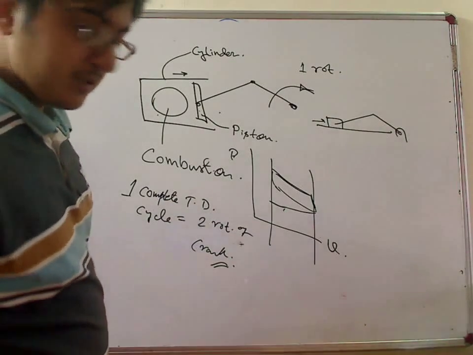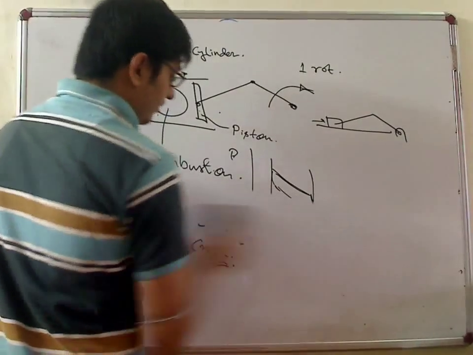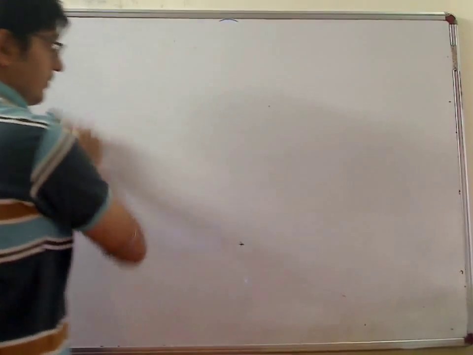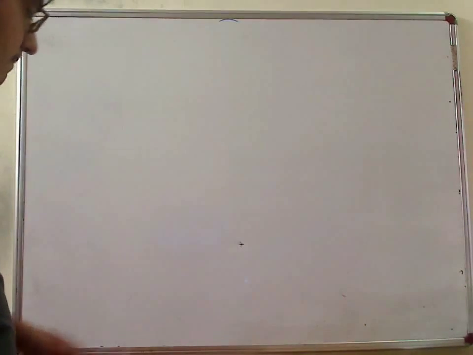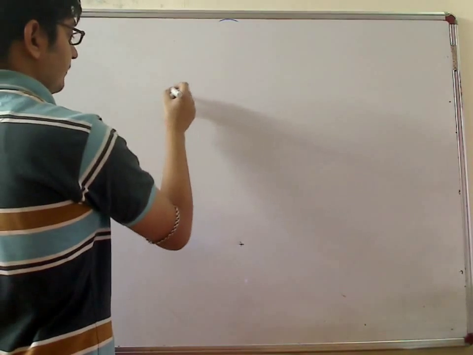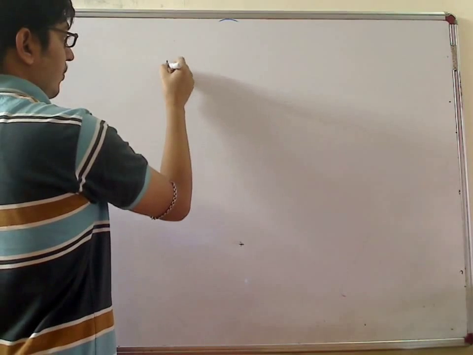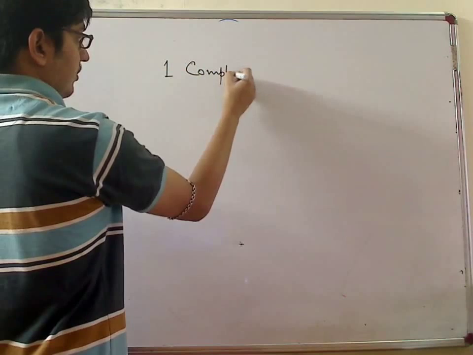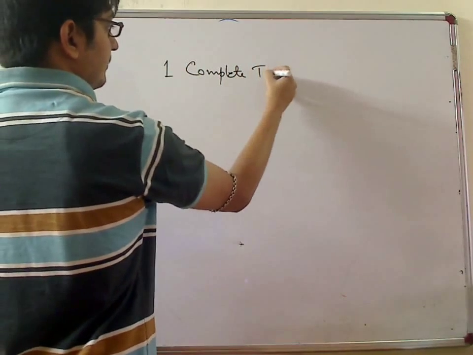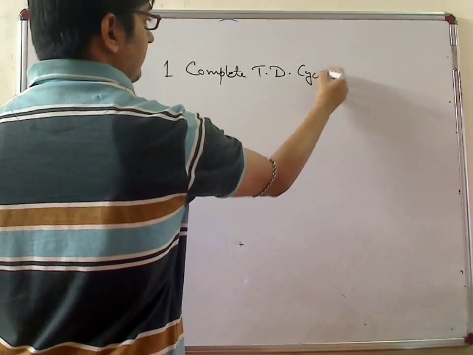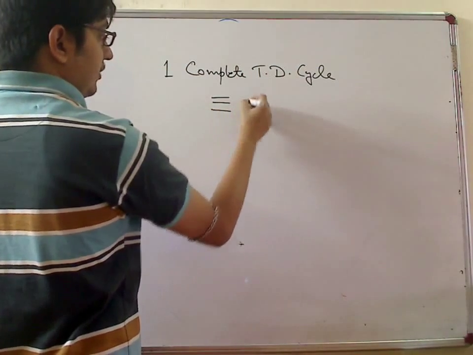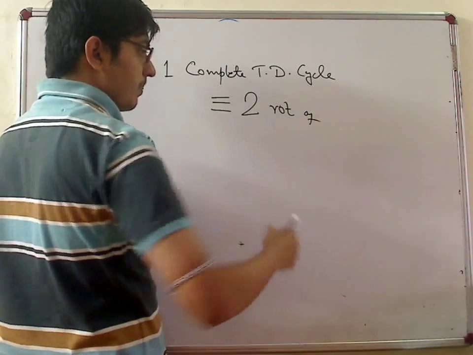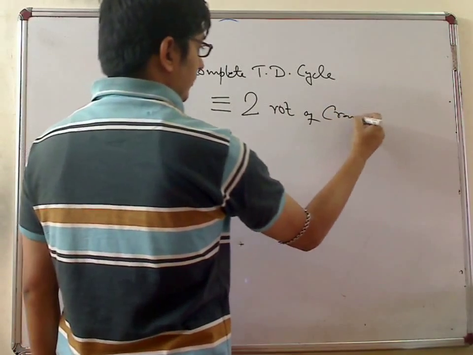Why is it 4-stroke? Why the number 4? So 1 complete thermodynamic cycle is equivalent to 2 rotations of crank.